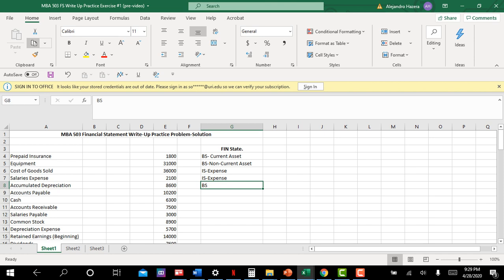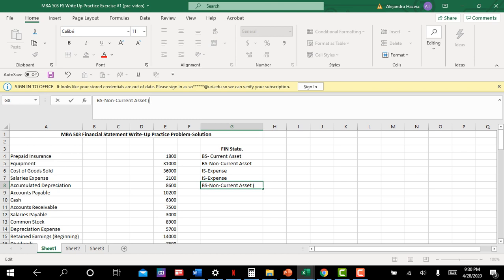So we take the cost of the asset, record the accumulated depreciation as the years go by, and deduct that on the balance sheet. I'm going to say this is a balance sheet non-current asset, because it is a deduction from equipment, probably in this case.